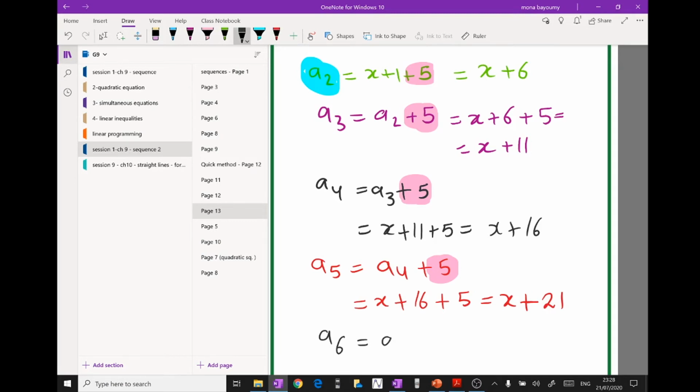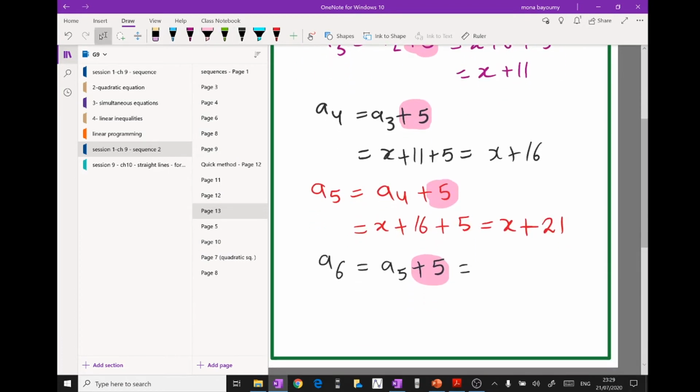A6 is equal to A5 plus 5. 5 is the common difference. So it is equal to x plus 21 plus 5, which is equal to x plus 26.